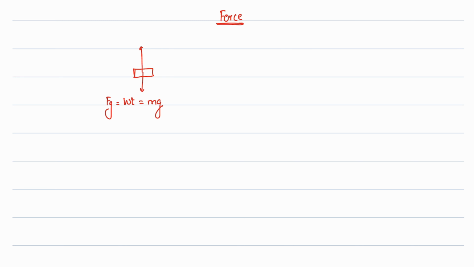Always remember, you will get this force. The upward force is called normal force, N. One is called applied force, and on this side you will get force of friction.